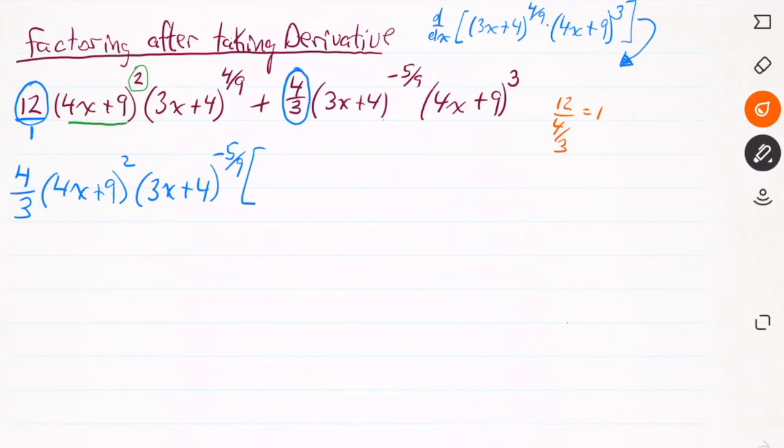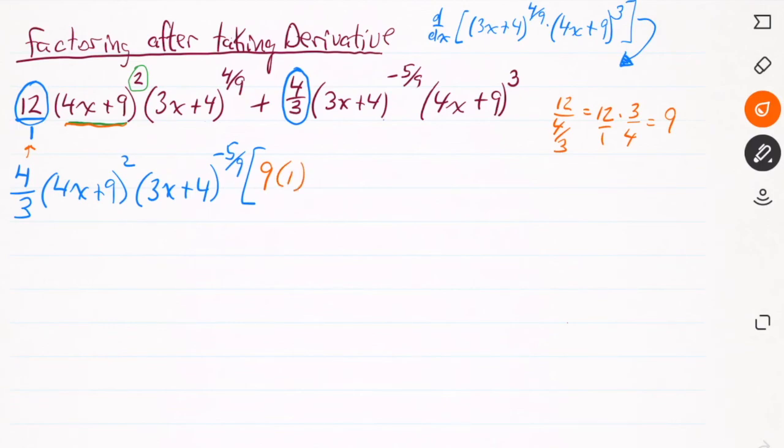And that's the same thing as 12 times 3/4, which is the same thing as 9. So the first number I'm going to get left behind is 9. The next one we're going to divide by is this 4x plus 9 all squared. So the term up here is already 4x plus 9 all squared, so that just becomes 1.